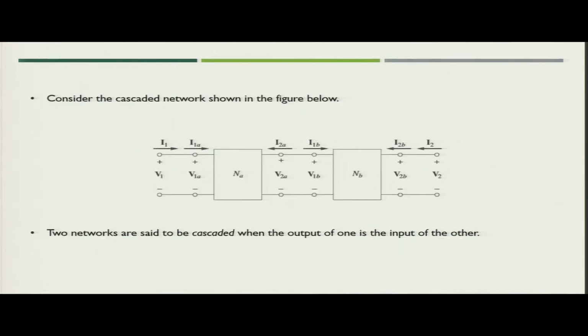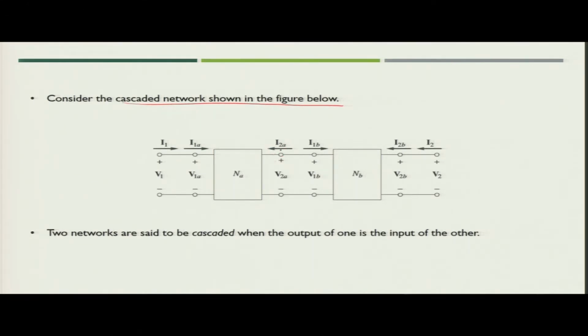Now, let us see the third case where the network is connected in cascaded fashion. Cascaded fashion means the network A output is given as an input to network B. So, if you see in this figure, we say that current I1 and V1 are the voltage and current of the overall network, and V2, I2 are the output port voltage and current of the overall network.